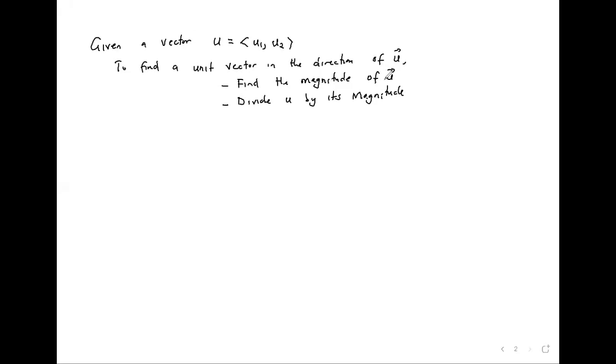So the procedure here will give us the unit vector. So the unit vector in the direction of u is going to be u as a vector over the magnitude.